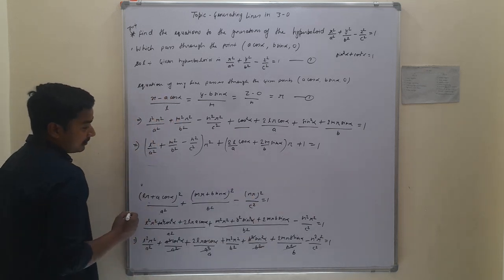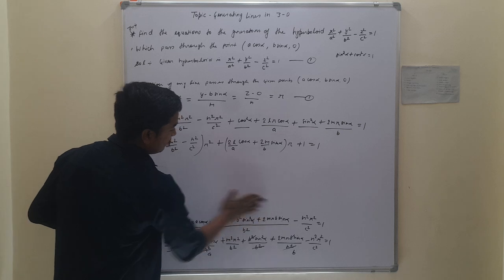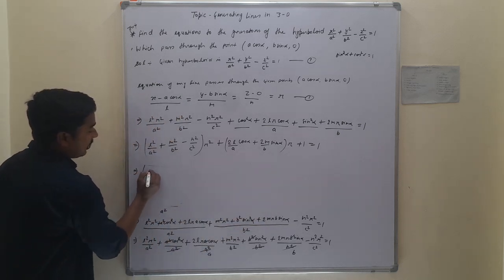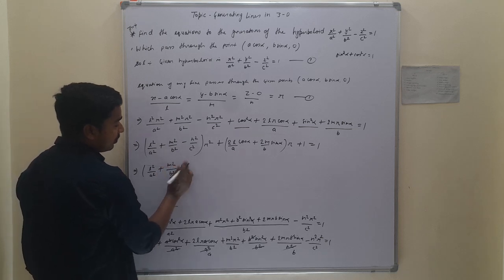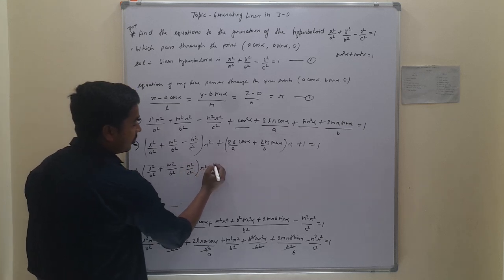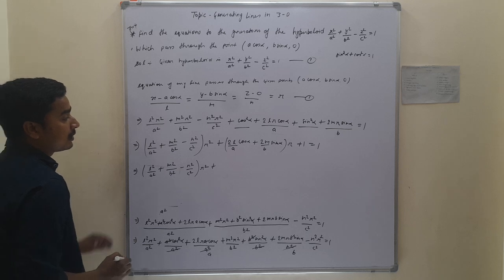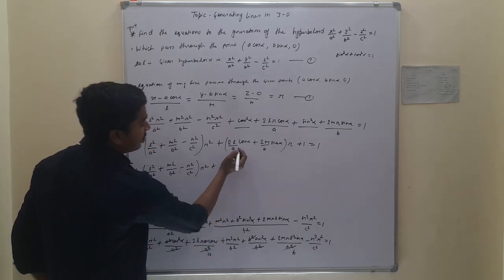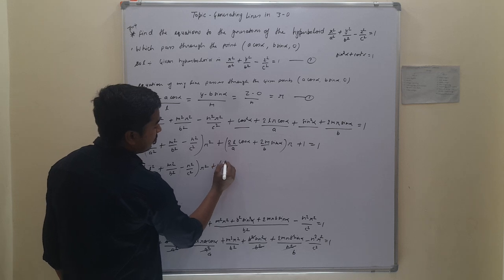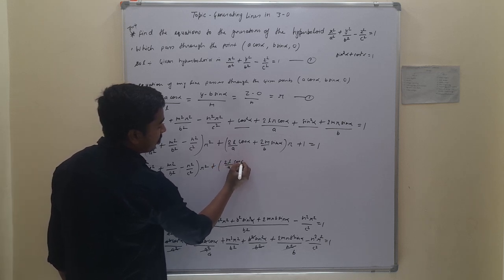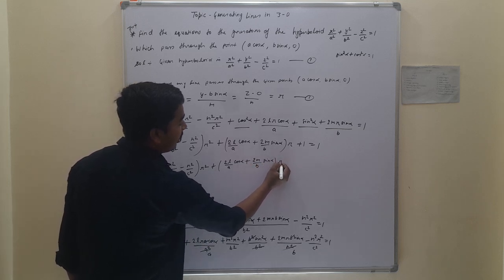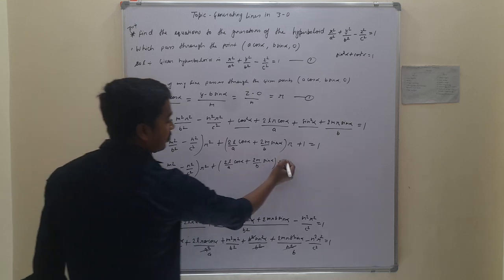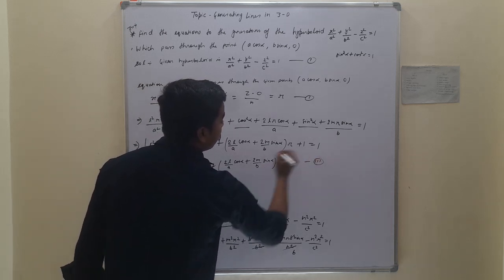Then the remaining is n square upon a square plus m square upon b square minus n square upon c square into r square plus 2l upon a cos alpha plus 2m upon b sin alpha into r, and 1 is taken to the right hand side, this gives 0. Let this be equation third.